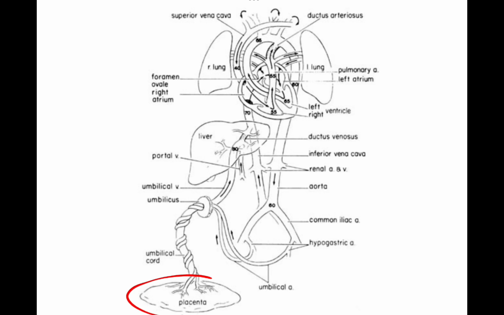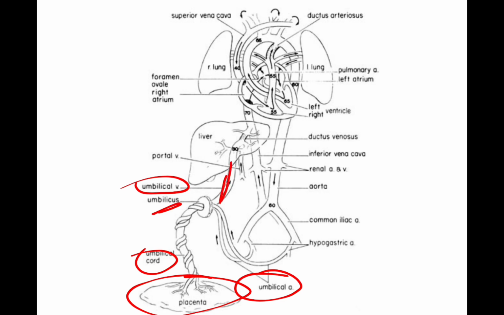This is our placenta, this is our umbilical cord, this is our umbilical artery, this is our umbilical vein. So the umbilical vein carries the blood. We have the umbilicus here. Instead of going to the liver sinusoid, it bypasses the liver and enters the inferior vena cava. In the inferior vena cava, it gets into the right atrium.